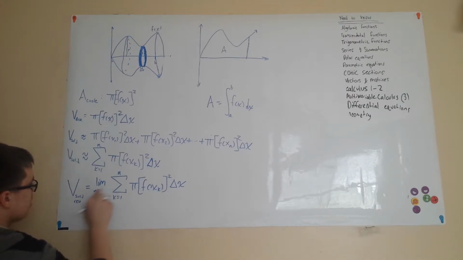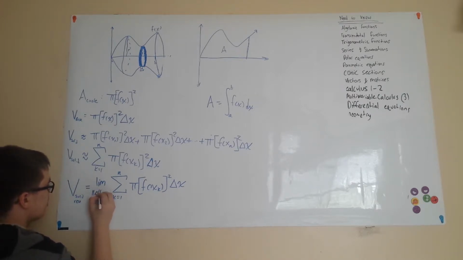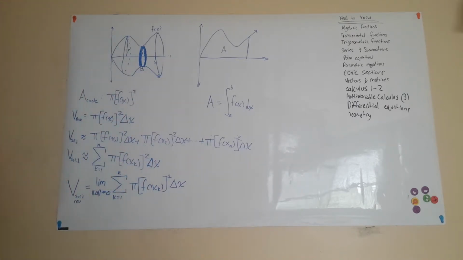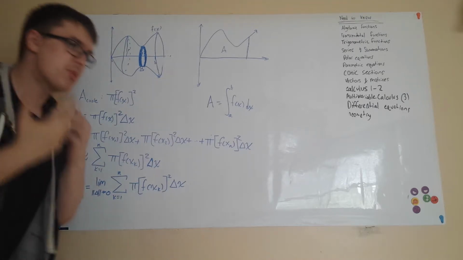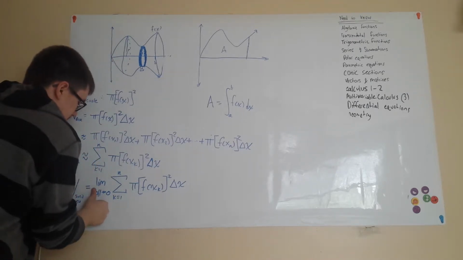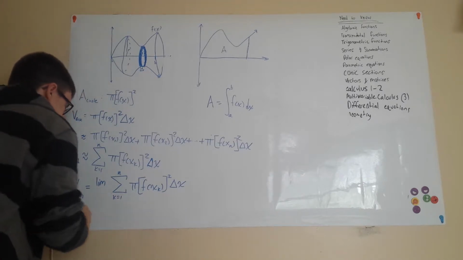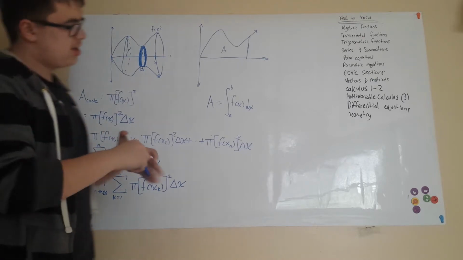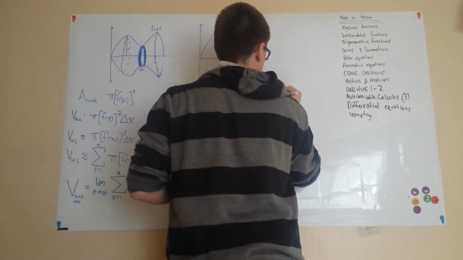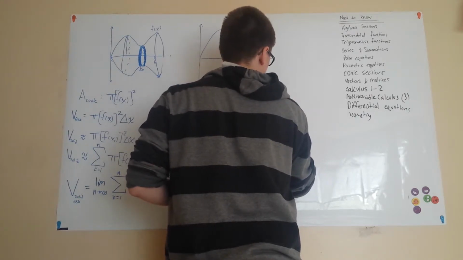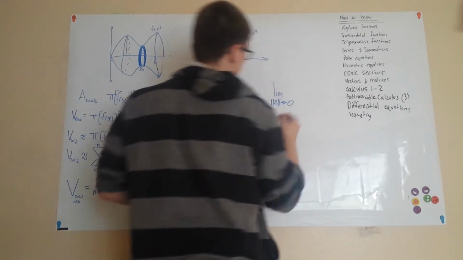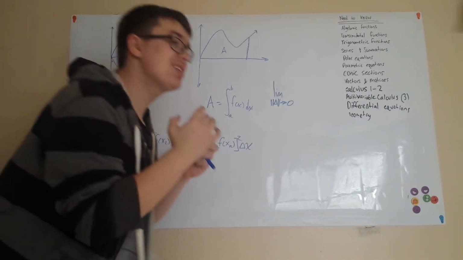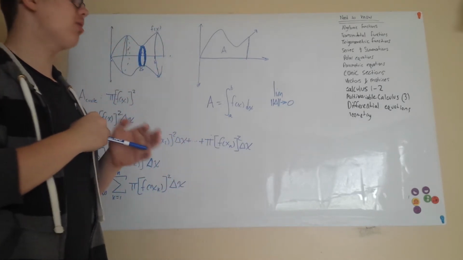Now some people say the norm of the partition approaches 0, and a lot of textbooks have this norm of the partition. We'll leave this as n approaches infinity, but what this means is n approaches infinity. The norm of the partition says my biggest rectangle is approaching 0.